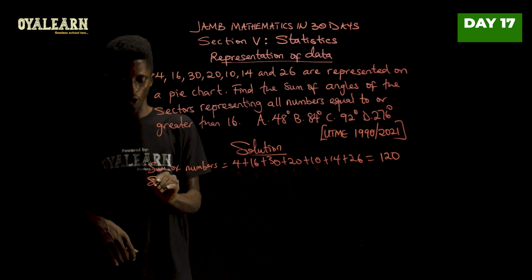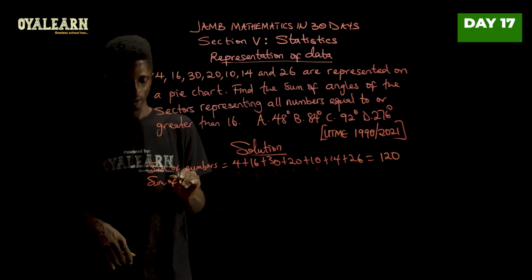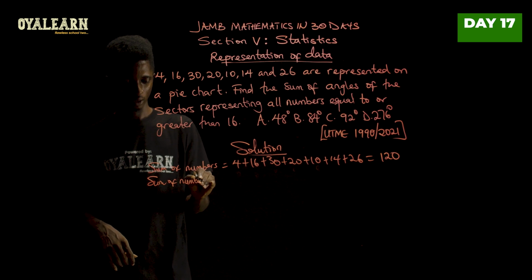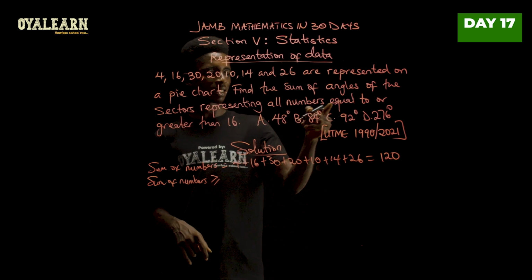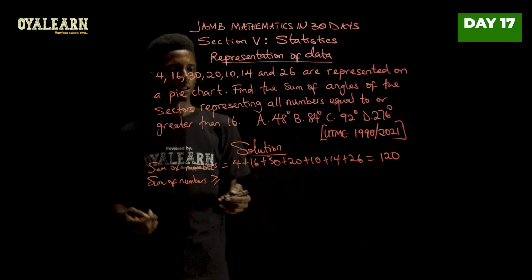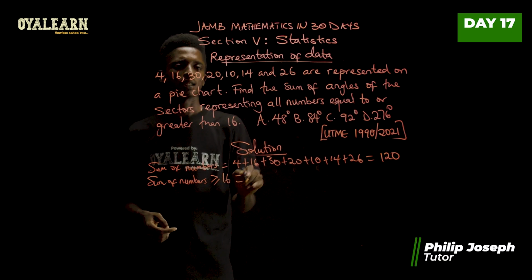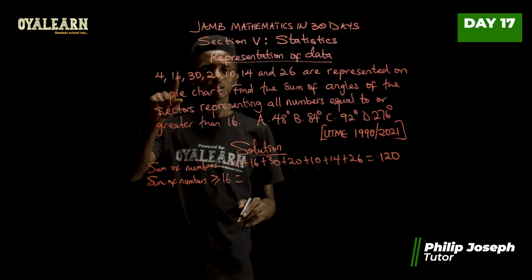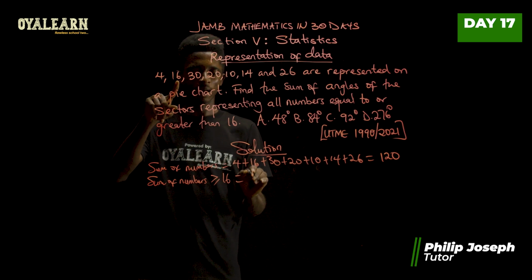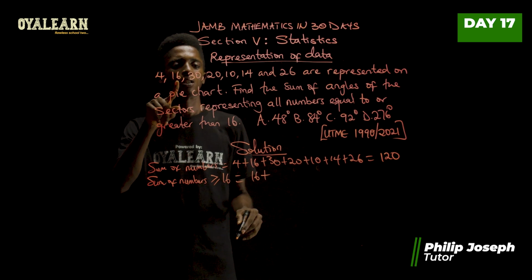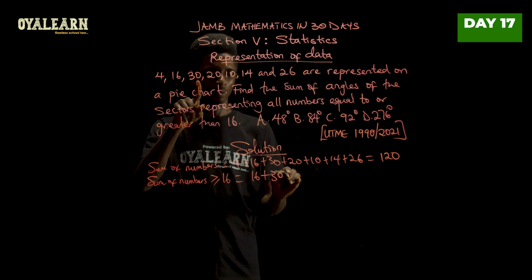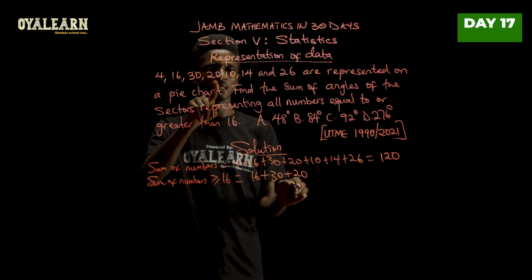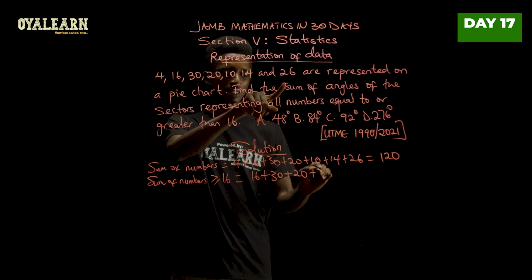Now, sum of numbers greater or equal. Because it says equal or greater than 16, we're going to start from 16. We have 16 plus 30 plus 20, then there's 26.